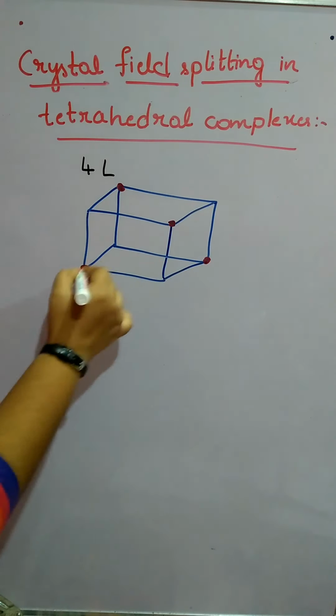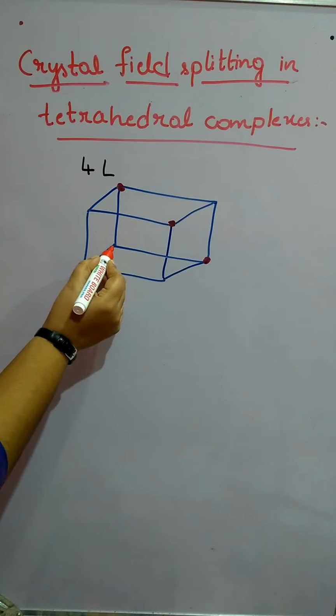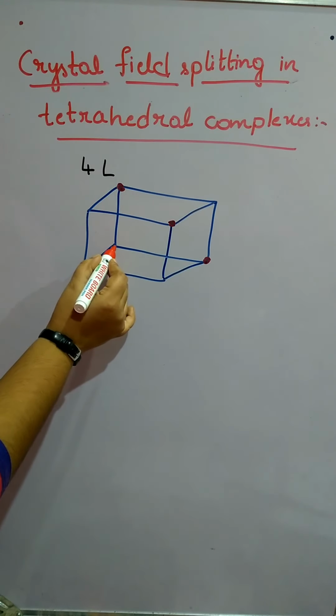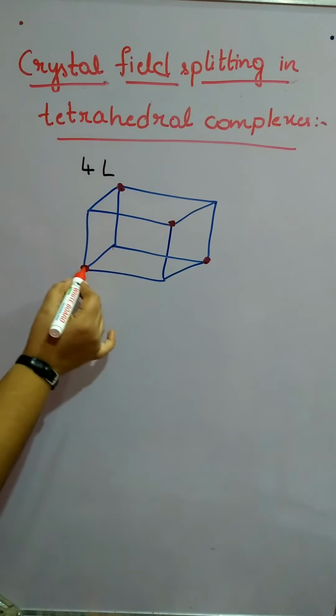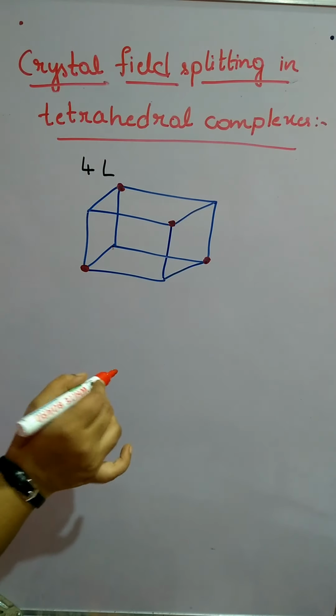So likewise in 4 different alternative corners. You can observe here, it is not there, here it is there. From whichever end you consider, it should be like this only.